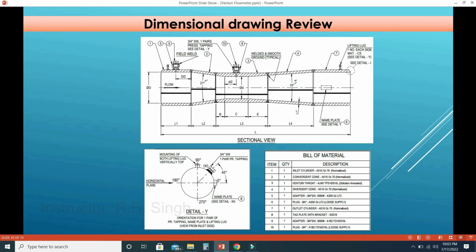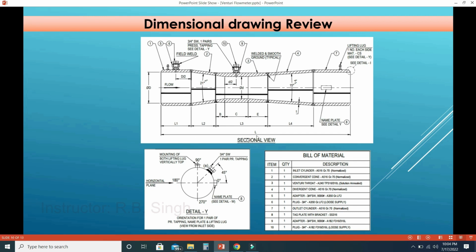We need to check it so that any person or any engineer cannot be confused about what is this and what is the use of this particular items. So this is tapping, which is plugged. We can take off the plug, and we can consider this tapping for our HP and LP tubing, which is used for DP type transmitters.